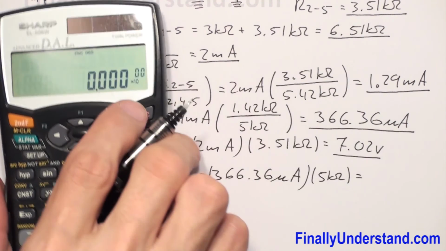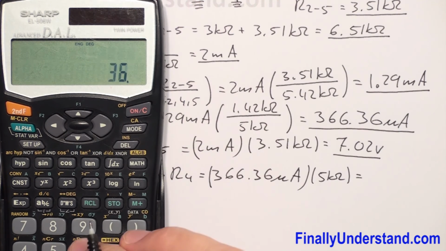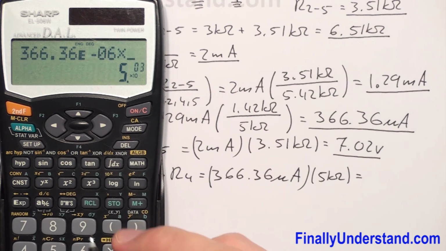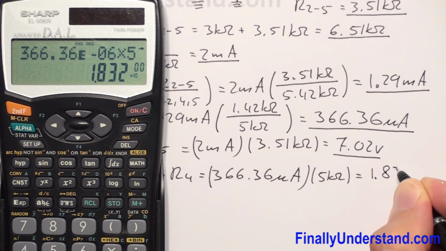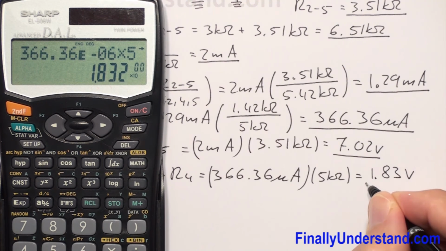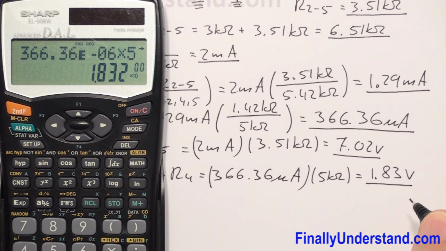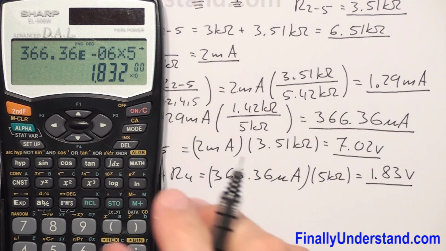This is equal to 366.36 times 10 to the negative 6 times 5 times 10 to the 3. This is equal to 1.83 volts. Okay, so this is my voltage VB.